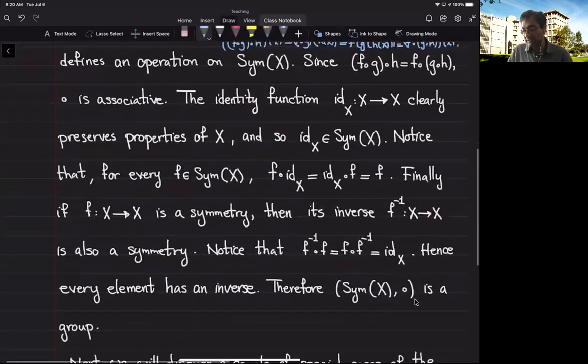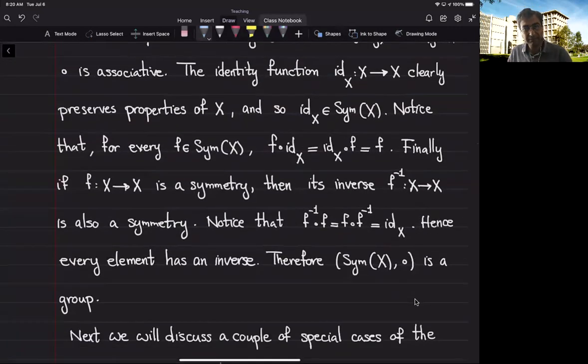We have the neutral element identity. Every element has an inverse, so it forms a group. This meta example is the main reason that we actually have group theory, in a sense. Group theory is designed in order to study this type of groups mainly.